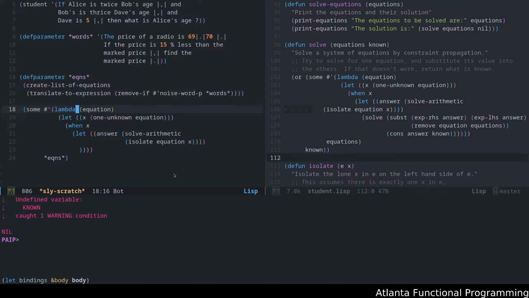And let's wrap this as mapcar lambda equation. Let one known today when x let answer. We don't even need to have the answer being to solve arithmetic for, but just so that we can map this to other pieces, we could certainly do this.